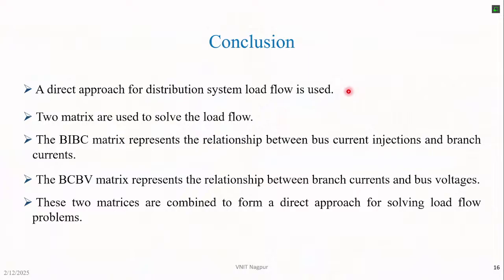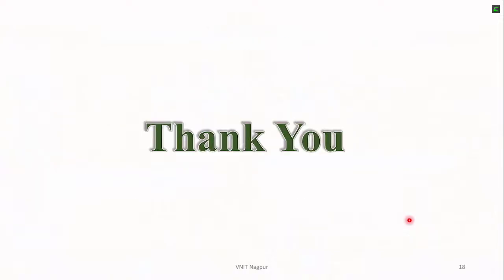By combining these two we can formulate this direct approach for solving any load flow study. That's all for distribution system load flow. Now in the next part we'll discuss a little about the optimizer algorithm.